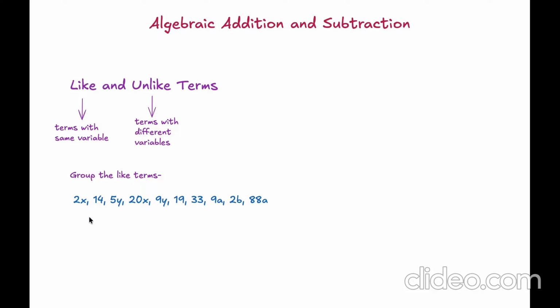For example, if we were to group the like terms in this question, we'd look if they have the same variables. For the one with x, it's 2x and 20x. For constants, which means only numbers, no variables, it's 14, 19, and 33.